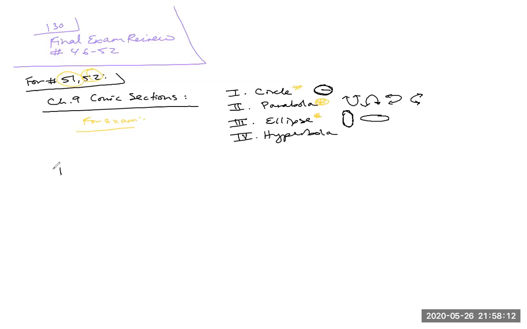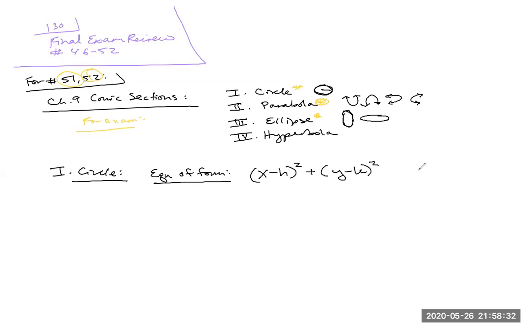For a circle, you're going to have an equation of the form (x minus h) squared plus (y minus k) squared equals r squared.